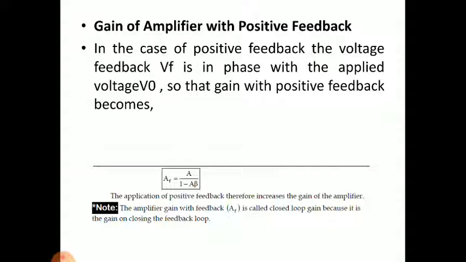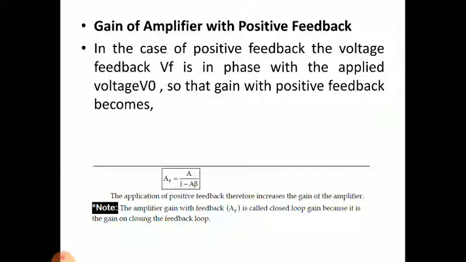But in positive feedback, the mixer output Vin is equal to Vs plus Vf, that is in phase with the source signal. After the mathematical derivations, we get AF is equal to A by 1 minus A beta.